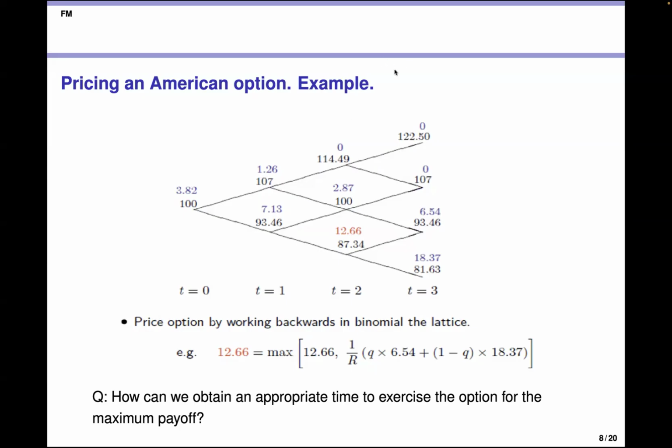Please, what is the price of waiting here? 7.13 is more than this. We don't compute this, but we know exactly that it is more and less.